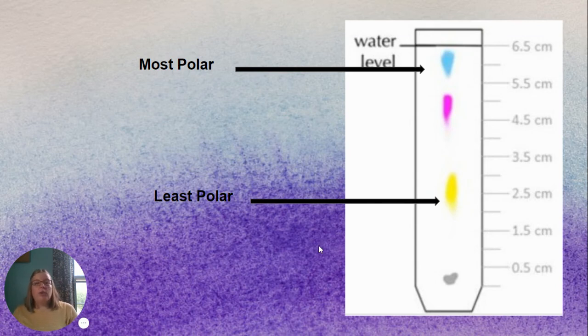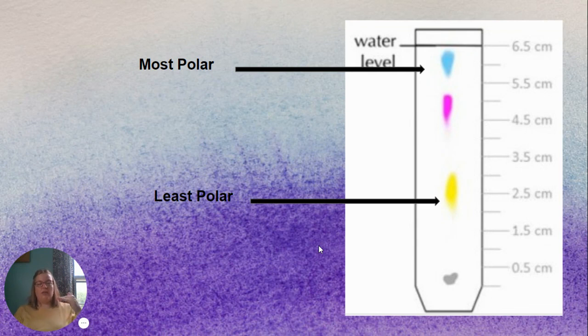In our lab, you are going to be taking a look at some different pen inks to solve a crime. You're going to have to calculate the retention factor for those different components of the ink and figure out which suspect is the one who committed the crime. Retention factors in general are pretty consistent between different trials of the same substance.